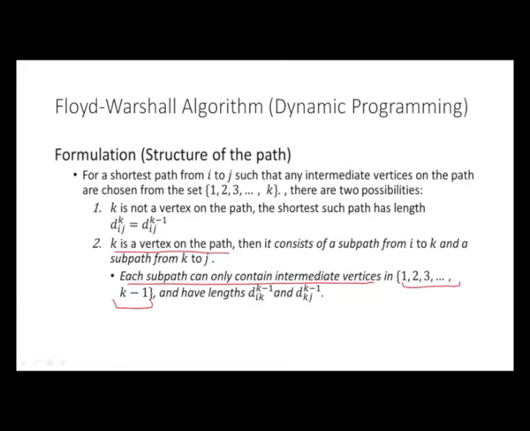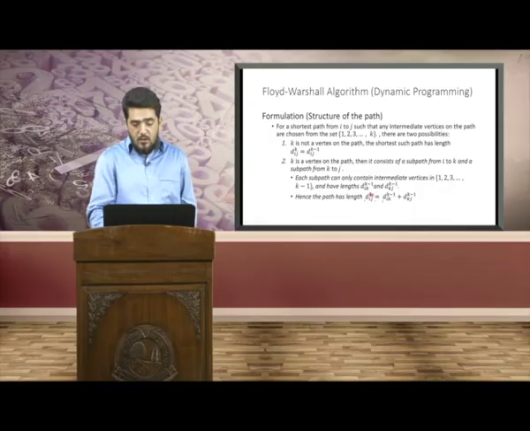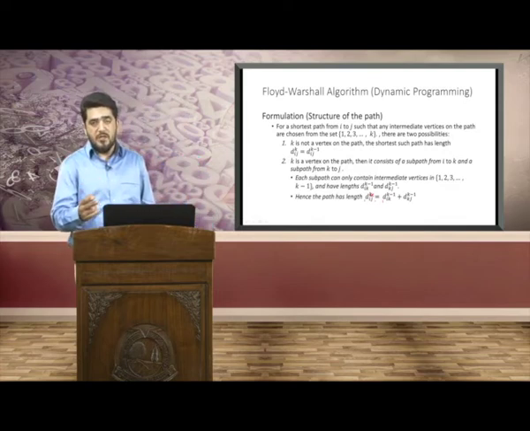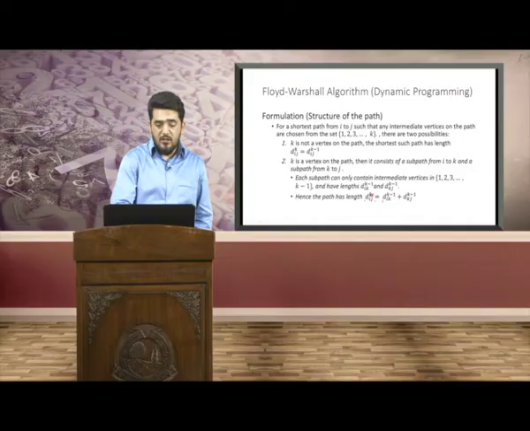So, the length of the shortest path between i and j in this case, considering k intermediate vertices, will be equal to the length of the shortest path from i to k considering k minus 1 intermediate vertices, plus the length of the shortest path from k to j considering k minus 1 intermediate vertices again. So, we will use these two possibilities to build our dynamic programming solution.